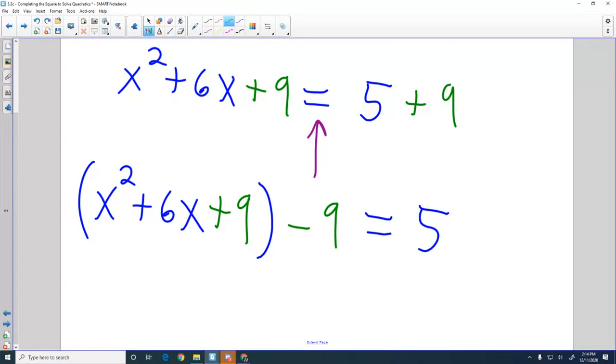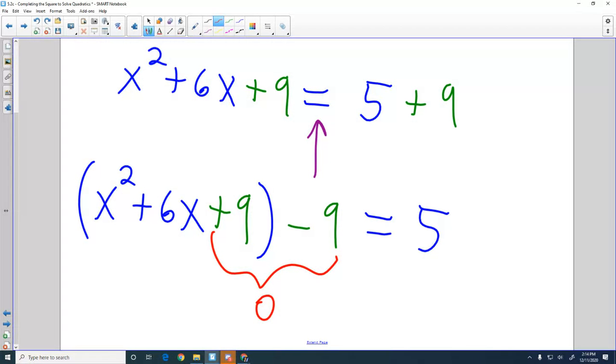Would that still be balanced? If I didn't have those parentheses, which I just showed you for grouping purposes, did I change anything on the left side actually? If I add 9 and subtract 9 on the same side of the equation, it'll still stay balanced. If I combined these like terms, that equals 0. I'm essentially adding 0, but instead of writing a 0, I'm writing a plus 9 and a minus 9. Isn't it still the same thing? It's still equivalent.